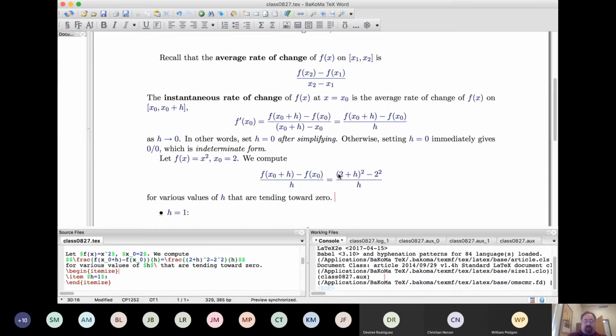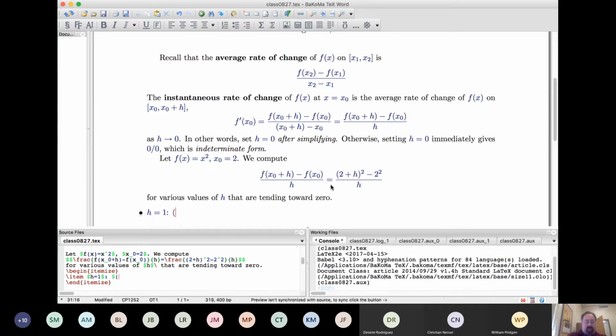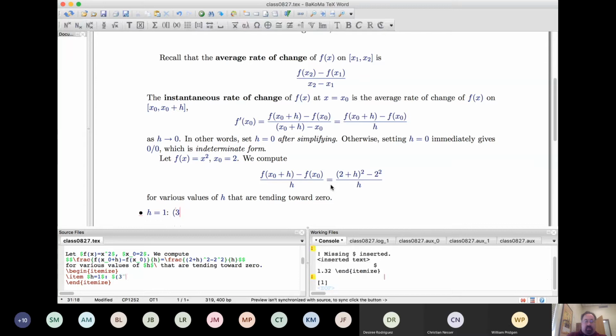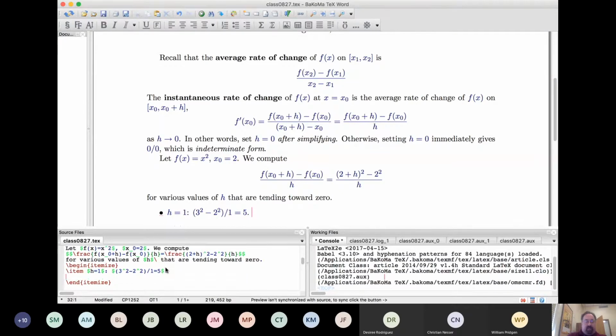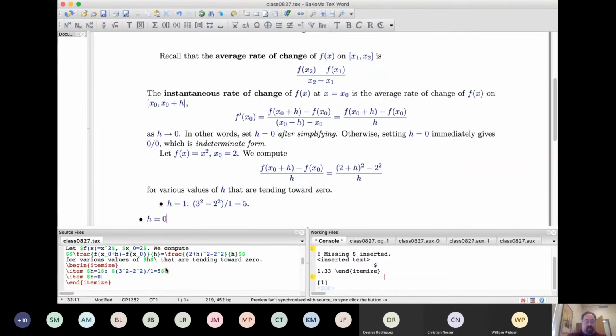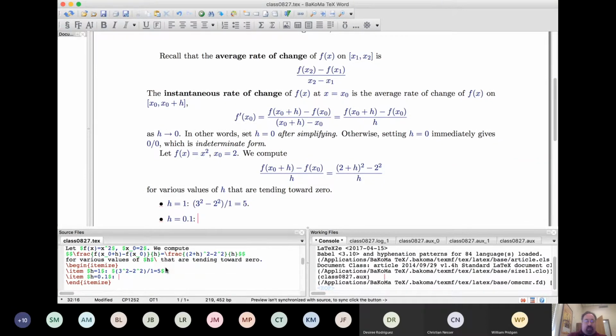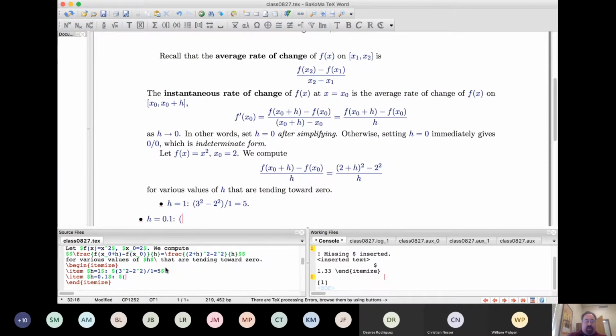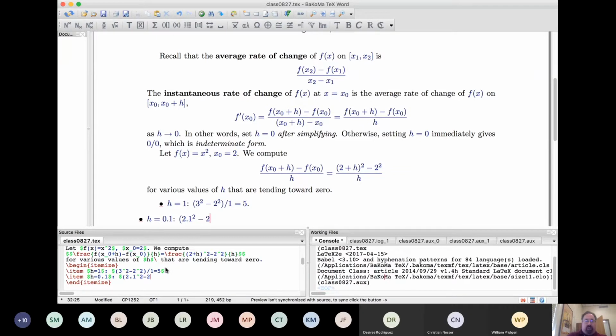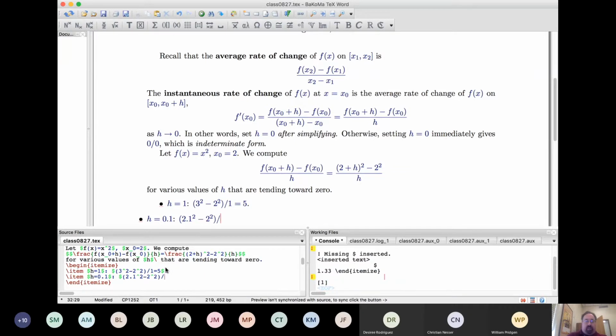So what do I get for this when I set h equal to 1? I get 3 squared minus 2 squared all over 1. So 9 minus 4 is 5. So I get 5. Let's let h get smaller. So 0.1. That'd be 2.1 squared minus 2 squared over 0.1.